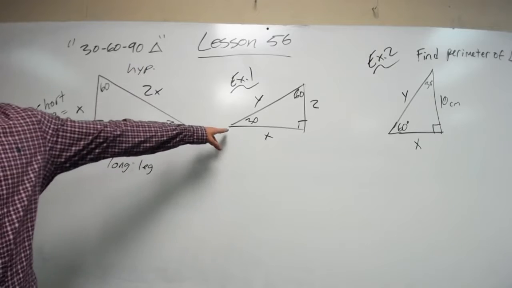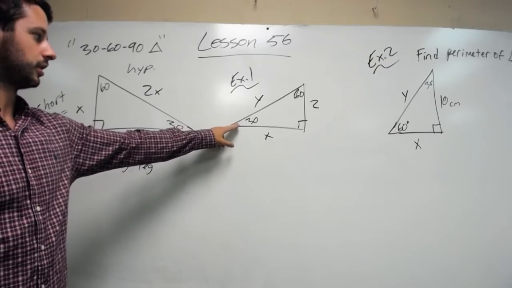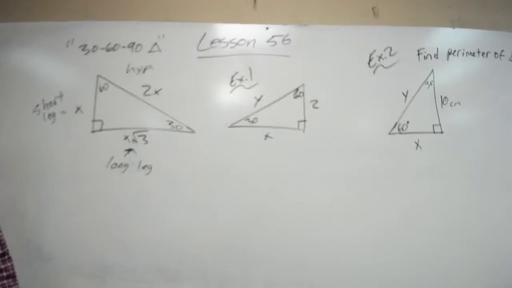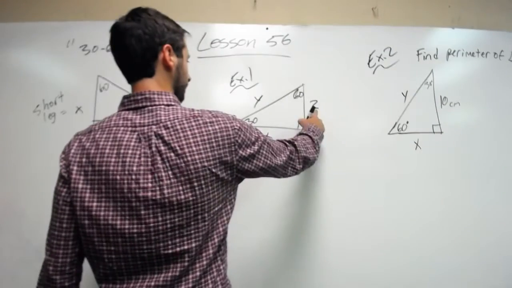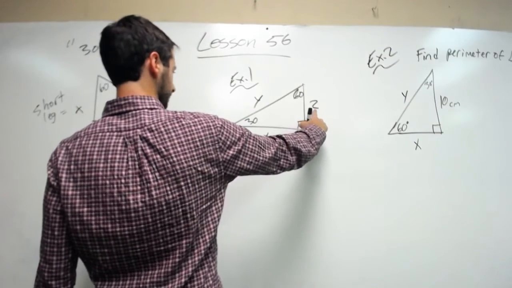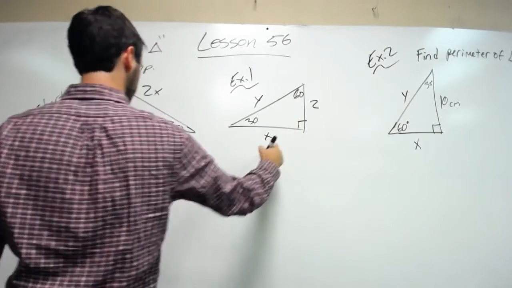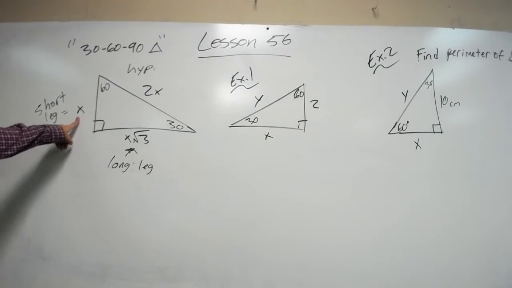So if we were solving this triangle in example 1, we have 30 degrees, and it gives us our x, in a sense, which is 2. To get from the short leg to the long leg, we have to multiply by radical 3.